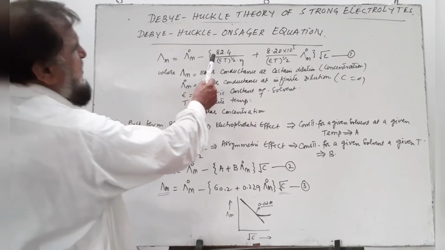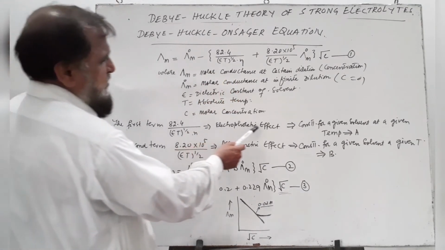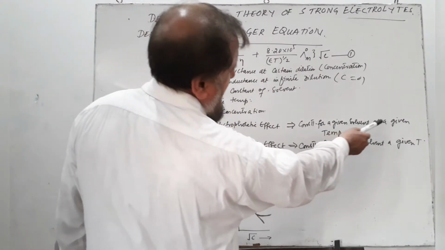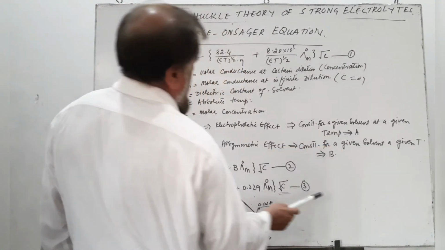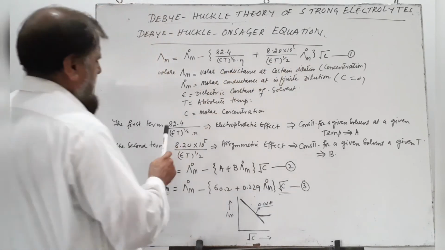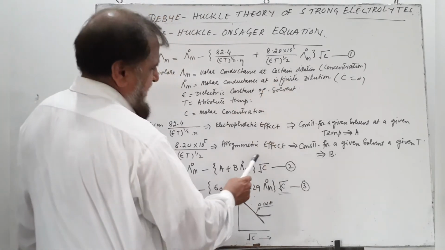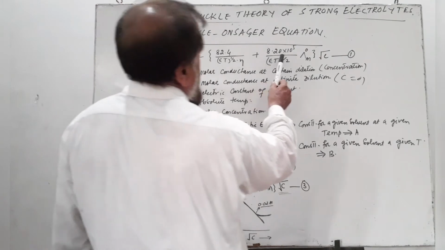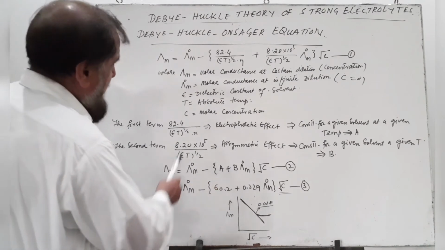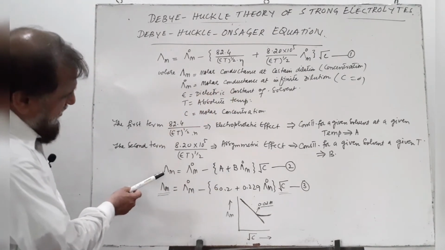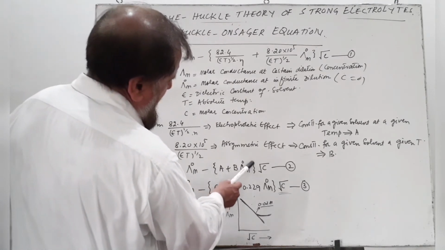Now in this case, the first term, 82.4 divided by square root of epsilon T into eta, represents the electrophoretic effect, and for a given solvent at a given temperature, this quantity always remains constant and may be represented by A. The second term in the bracket, that is 8.20 times 10 to the power 5 divided by epsilon T to the power 3/2, represents the asymmetric effect, and it will also be a constant for a given solvent at a given temperature, and it can be represented by B. Therefore, equation 1 can be written in the form lambda m is equal to lambda naught m minus A plus B lambda naught m, times square root of C.